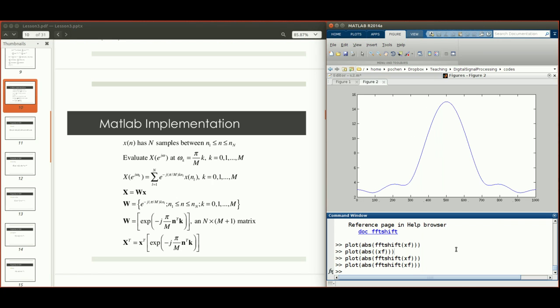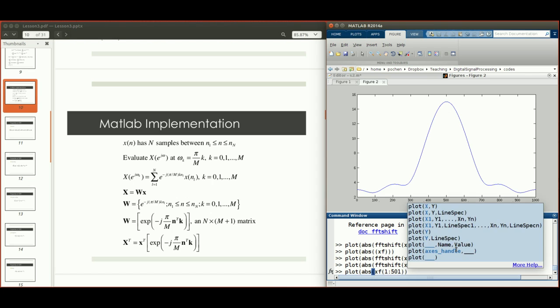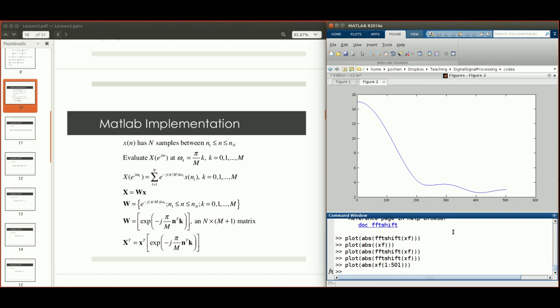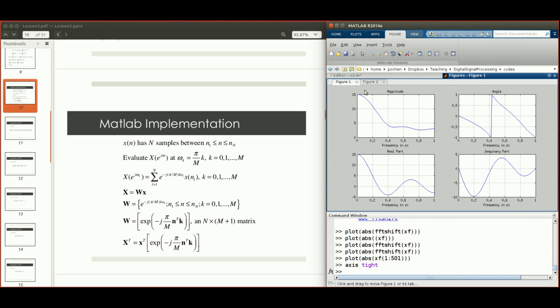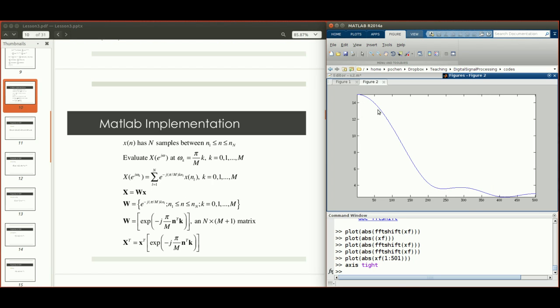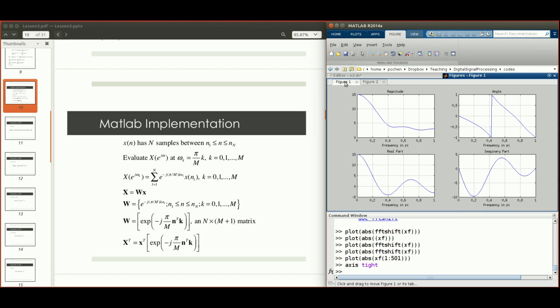And if I just plot the positive frequency part, and compare this magnitude with this magnitude plot, they look very similar. So you can duplicate them. You can plot this new line on top of this line by doing an overlap plot.